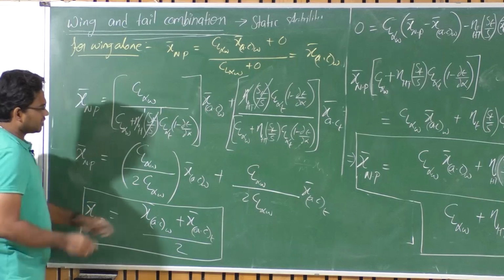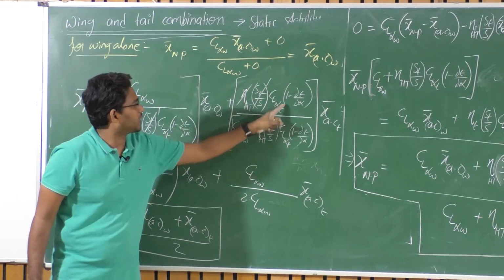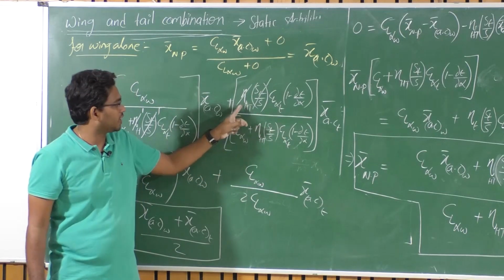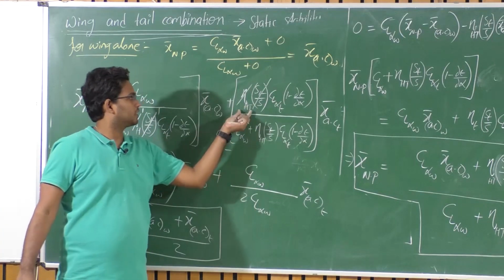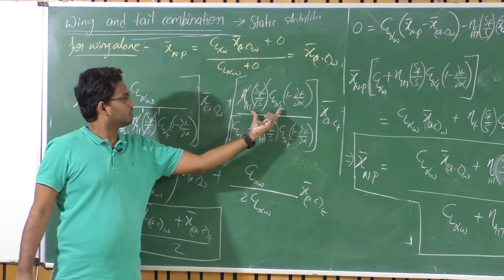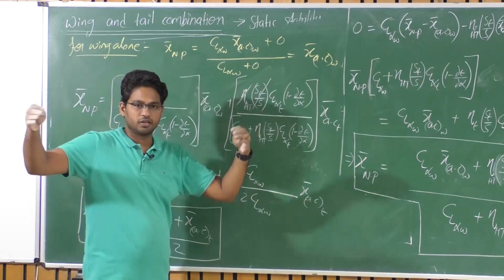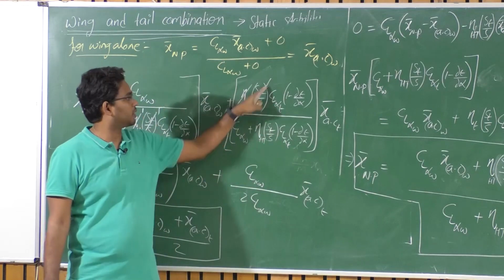So what are these terms here? Now you can understand. These are nothing but correction factors to the CL alpha. Am I correct or not? When there is no downwash, this is gone and this is 1. And this is nothing but the correction factor, or normalizing factor, with respect to the wing. When you have two similar wings, this becomes 1.